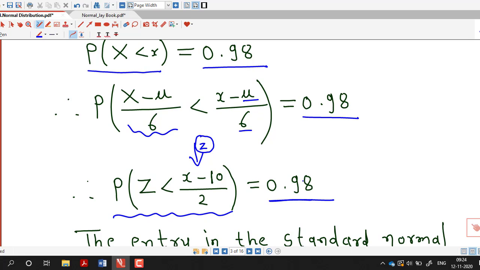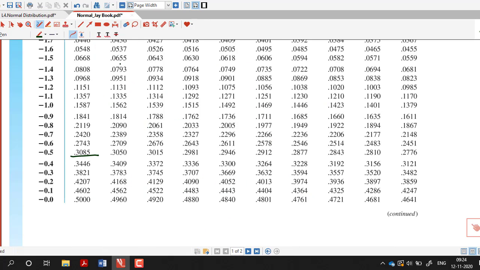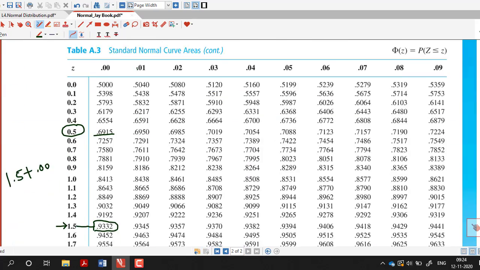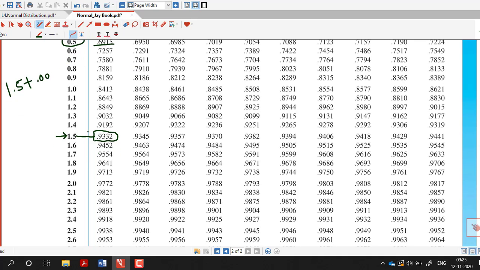So in the standard normal table we will look for the entries which are closest to 0.98. So we search for values in the table which are near to 0.98.